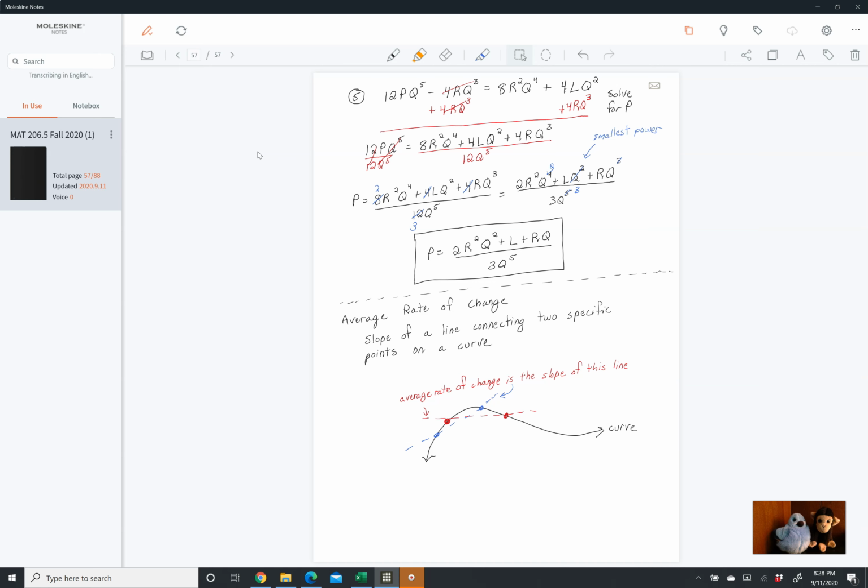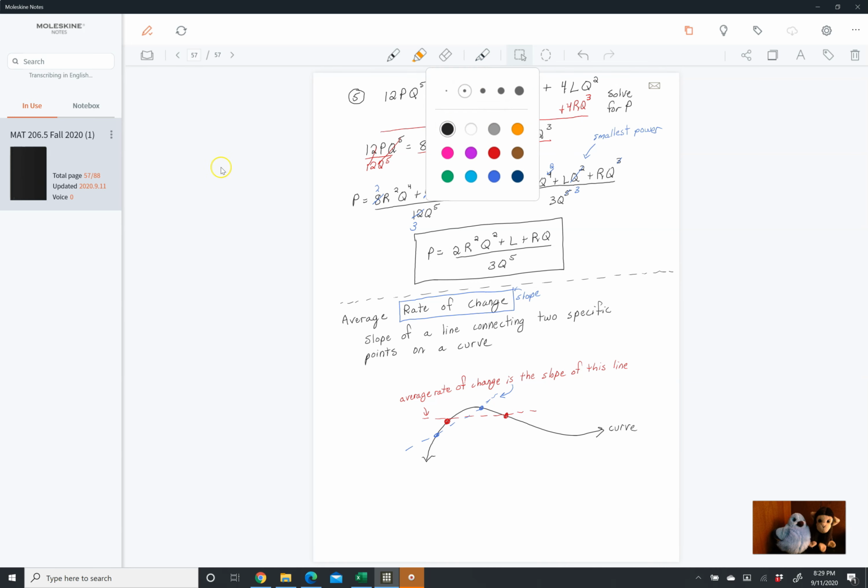We're talking about slope, right? That's why we say rate of change. Rate of change is slope. This is what slope is. So that's why we say that it's the slope of a line connecting 2 specific points on a curve. Okay, so rate of change or slope is change in y over change in x.